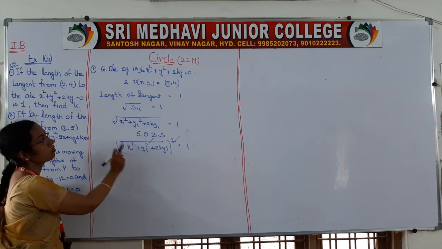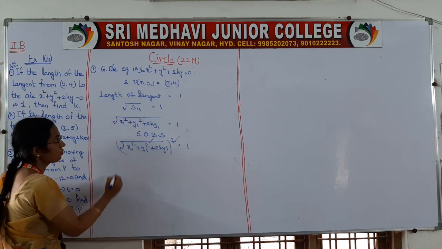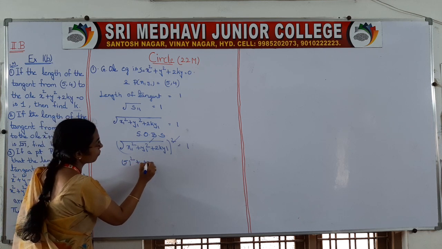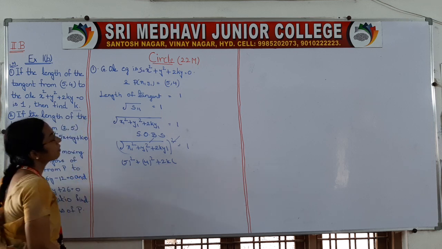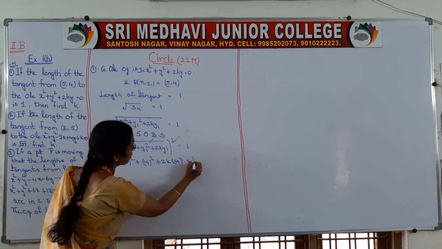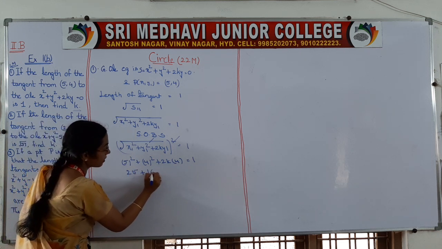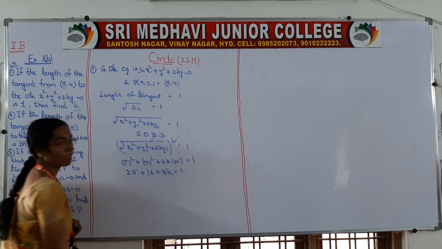Now substitute your x1, y1 values. x1 is 5, y1 is 4. So it is 5 square plus 4 square plus 2k into y1, what is y1? It is 4, is equal to 1. It is 25 plus 16 plus 2 4s are 8k is equal to 1.